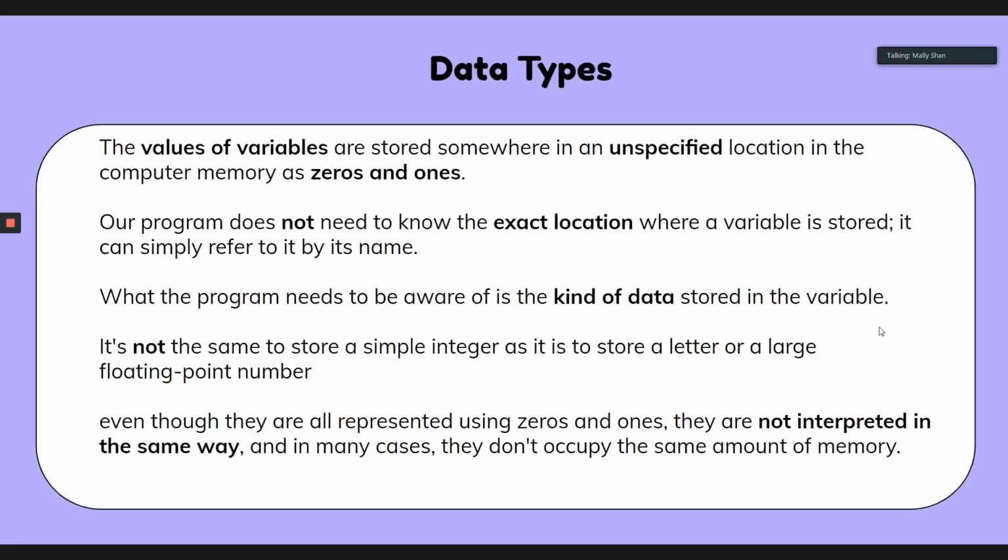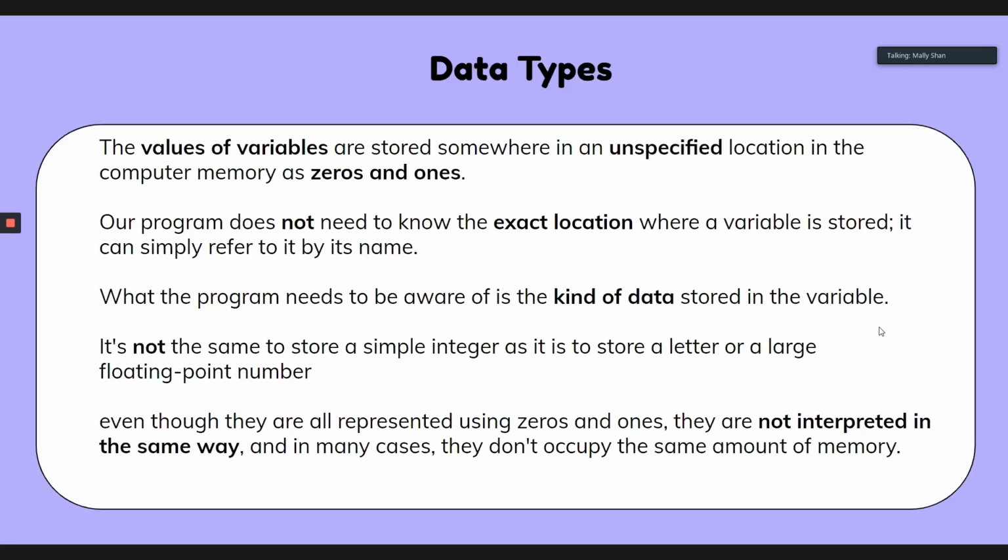Again, like I said yesterday, I gave the example of beans. I'll give a different example, but let's say we have apples and oranges. Your program never knows the exact location where an apple or an orange is stored. It can only refer to it by its name. If I put an apple in my closet, but then I put an orange underneath my bed, the computer can't go and retrieve that apple or that orange.